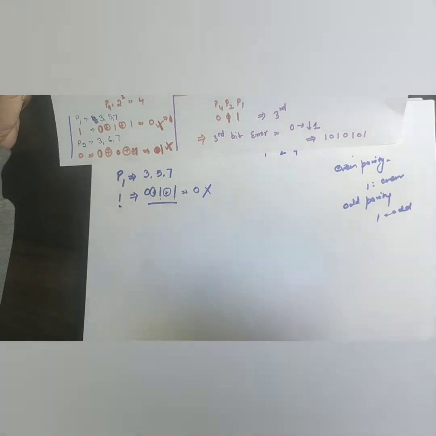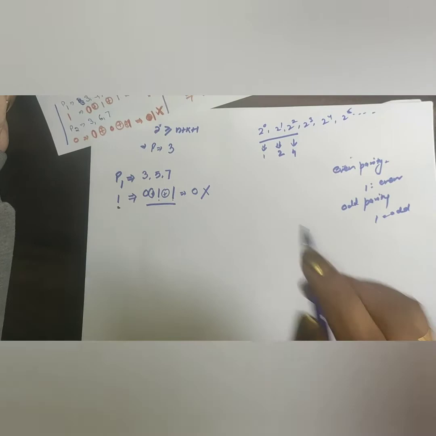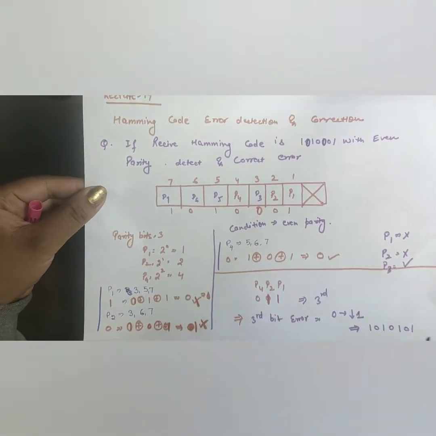So this is wrong. The even parity is wrong, so the position of P1 should be 0 here.